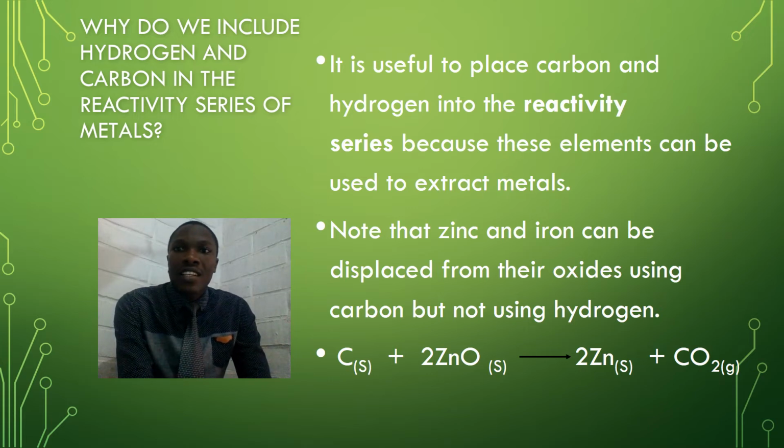Zinc and iron can be displaced from their oxides using carbon but not using hydrogen. However, you can also use hydrogen to displace copper from copper oxide. So we include them just because we use them in the extraction of different metals from their oxides.